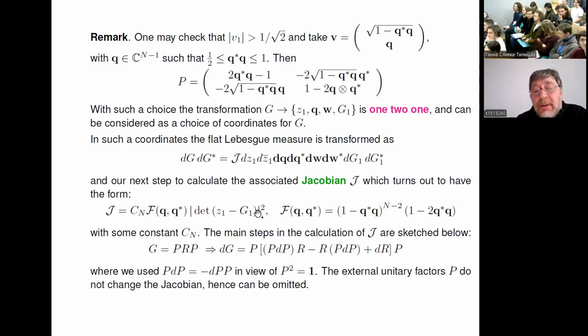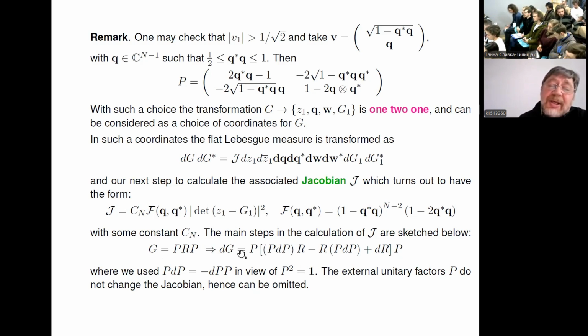Now I just sketch the main steps in the evaluation of this Jacobian. We have this relation between two ways of writing the matrix G in terms of new coordinates. Then we differentiate it to consider the matrix of differentials. Using the fact that P squared is 1, we use P dP equals minus dP times P, which is obvious if you differentiate.